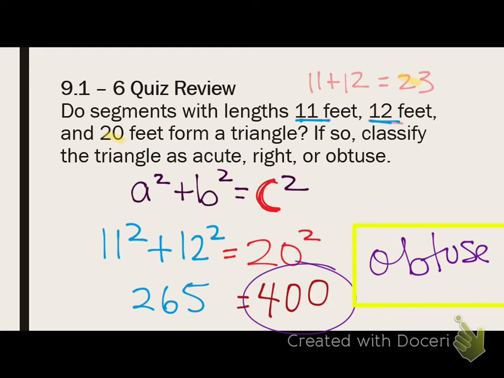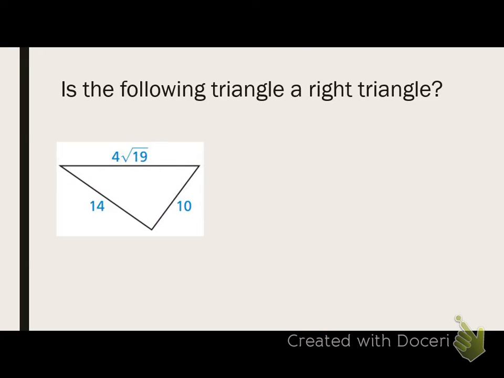Okay, the second question you're going to write down, go ahead and take a moment to draw this one. Is the following triangle a right triangle? So we've got 14, we've got 4 square root of 19, we've got 10.